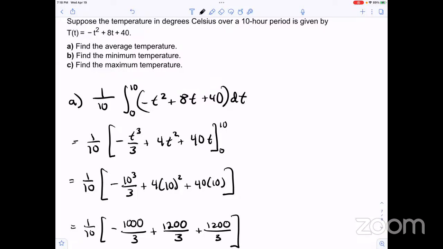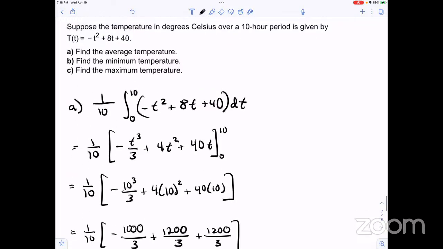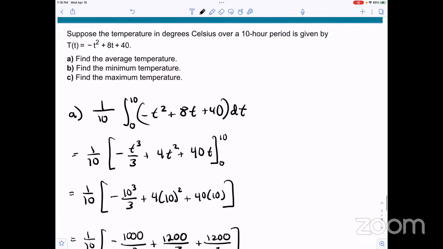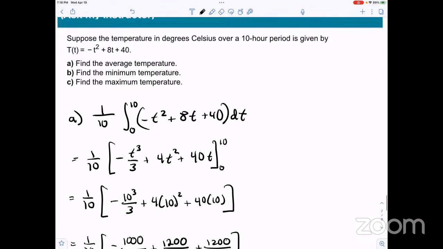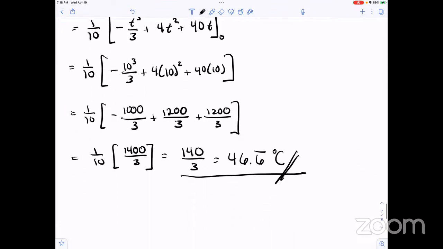Minus 20, we're at 20 degrees Celsius. Okay, so I think the minimum is 20, basically when T was 10. So for B, the minimum we got was 20 at 10 hours. Okay. 20 degrees Celsius.